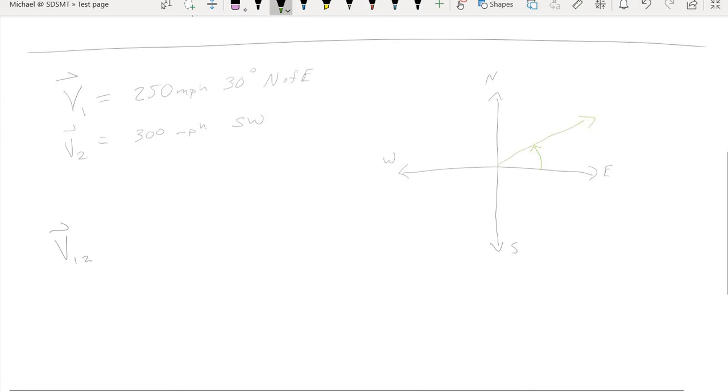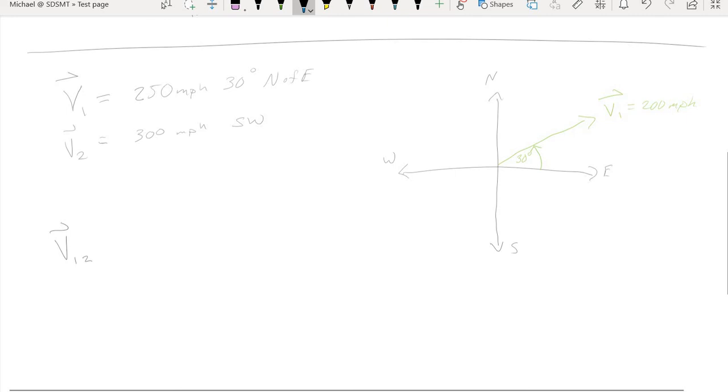And then we can put in velocity 1, 30 degrees and 250 miles per hour for the magnitude. So there goes plane 1, and then plane 2 is 300 miles an hour in a direction southwest.